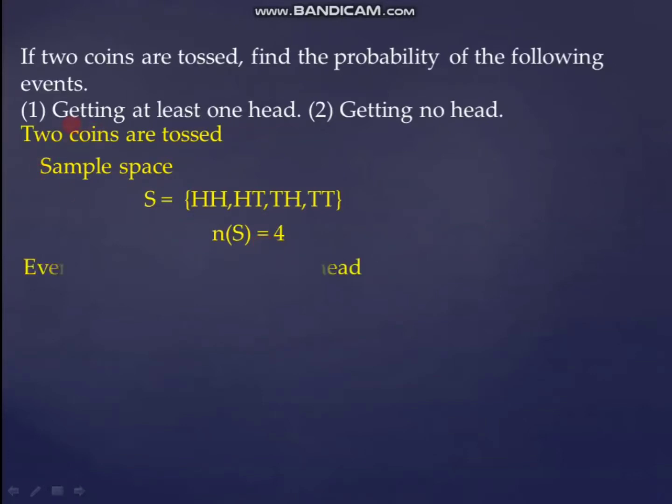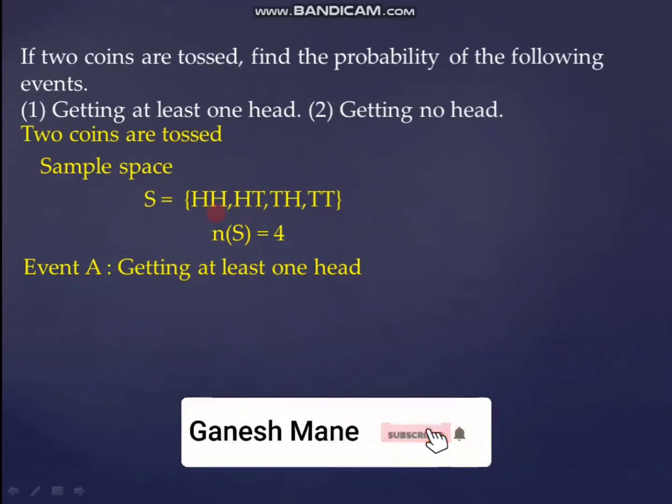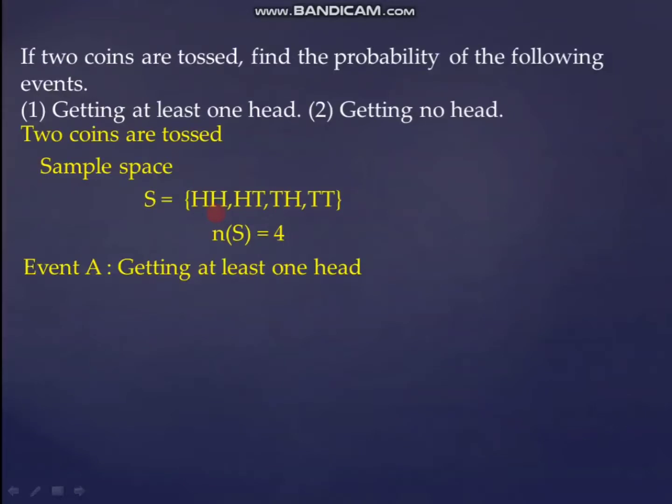Now let us have the first event. Let us name the first event as event A, and the event is getting at least one head. So we have to collect those sample points from the sample space which have at least one head. That means the element must contain at least one head and at most two heads can be there. If there are two heads, that should also be part of this event.